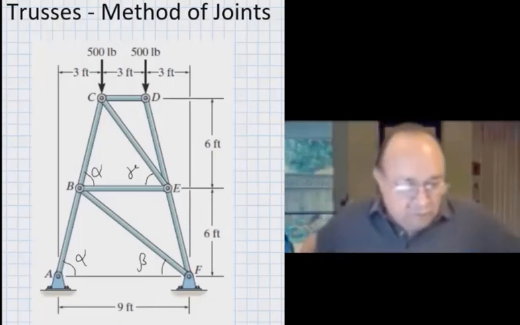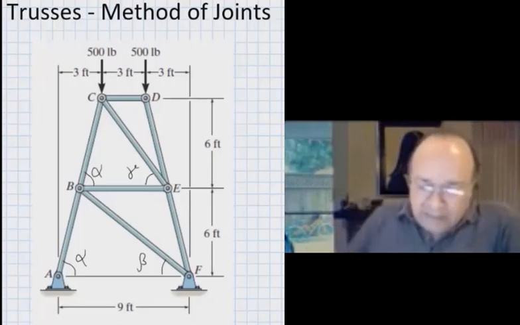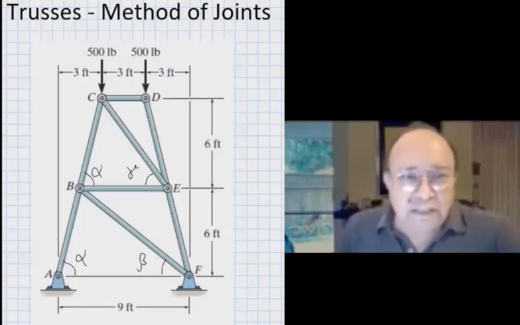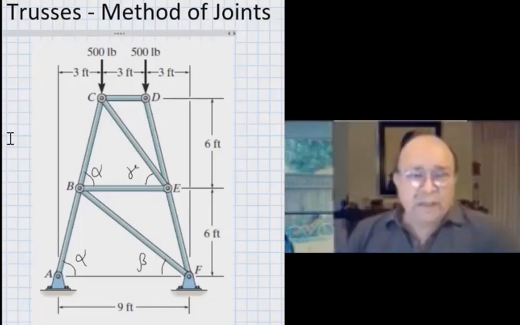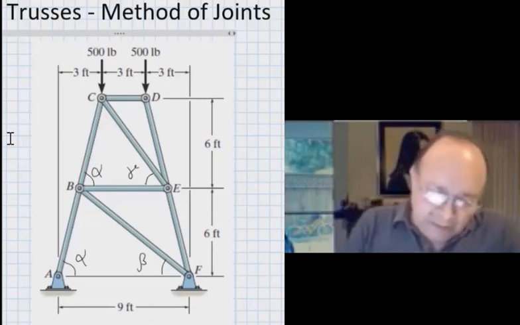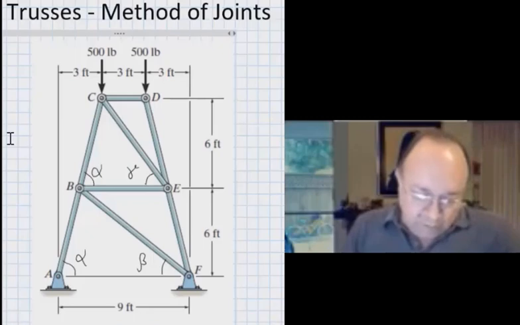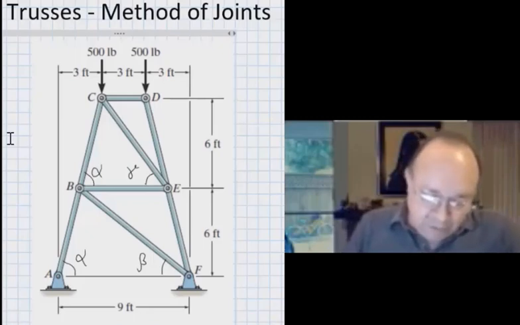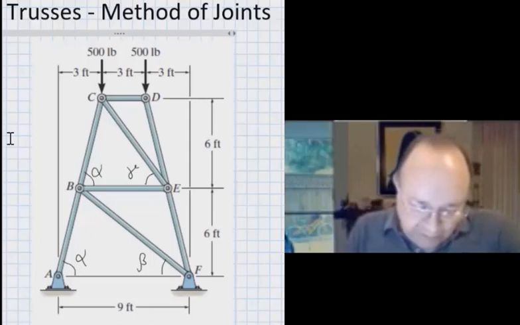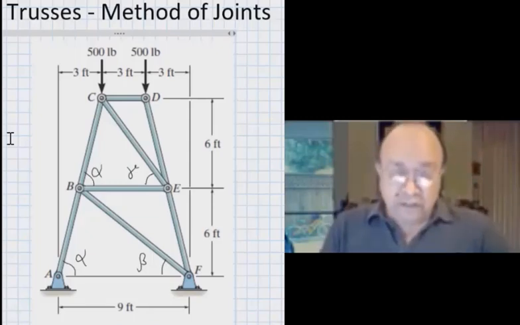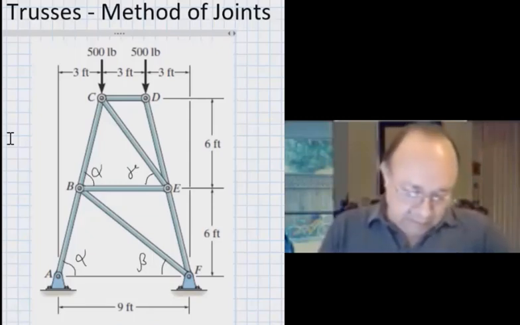I'm gonna do this example. You guys see a truss right there on the screen, right? Okay, so let's say we have this example right here. One of the first things that I usually do when tackling one of these problems is to find the angles I'm going to need in all the joints before everything else.